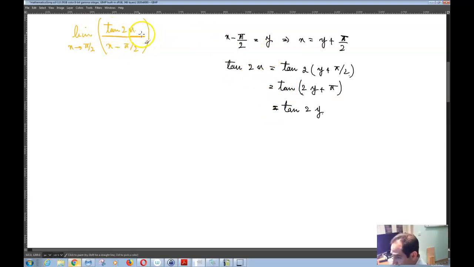So now I can rewrite this limit as the limit of tan of 2y over y. Since x minus pi by 2 is equal to y, when x tends to pi by 2, y tends to 0. So that is that.